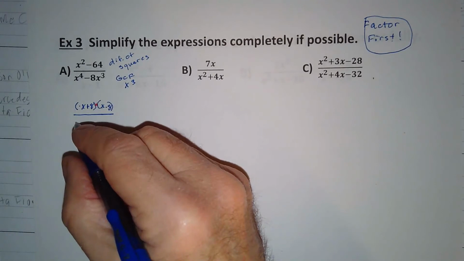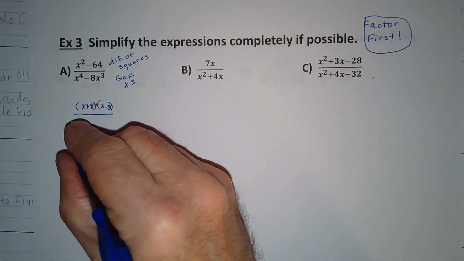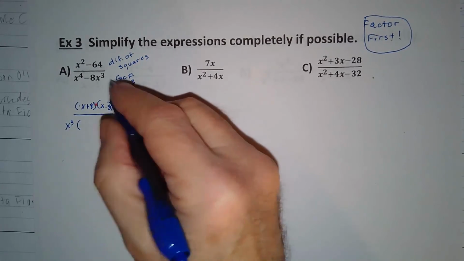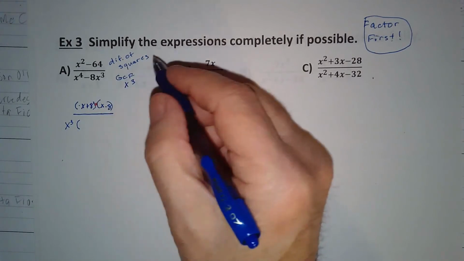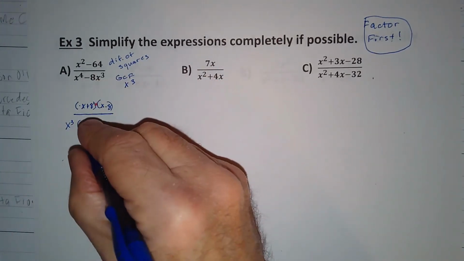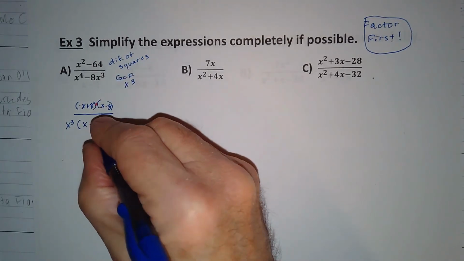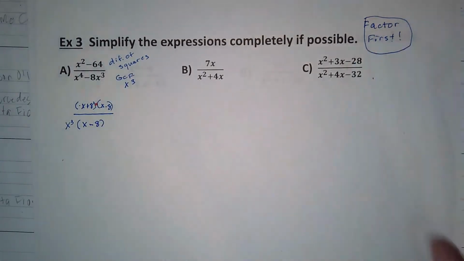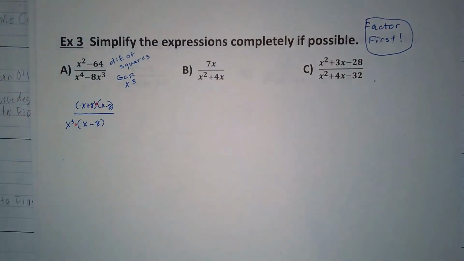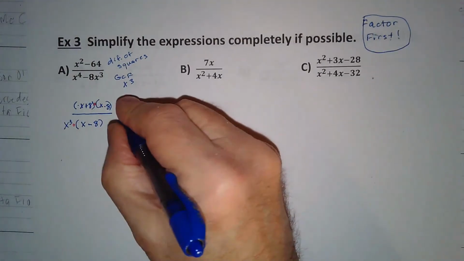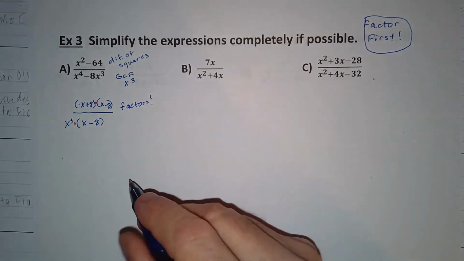We're going to write that down here as x cubed out here times, and then we've got looks like we're left with x to the 1, so x, and then minus 8. Okay, so again, these are all factors now. They're all multiplied together as factors. That's what we want in the numerator and the denominator.